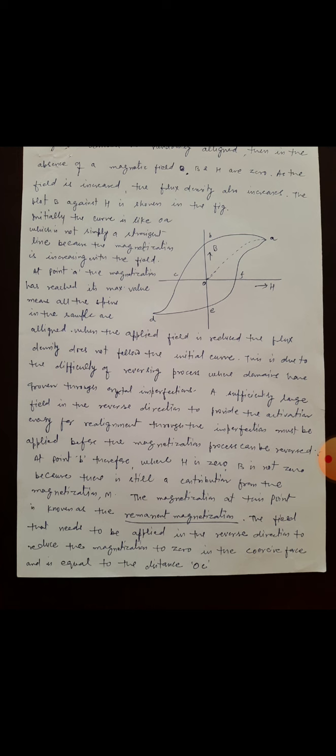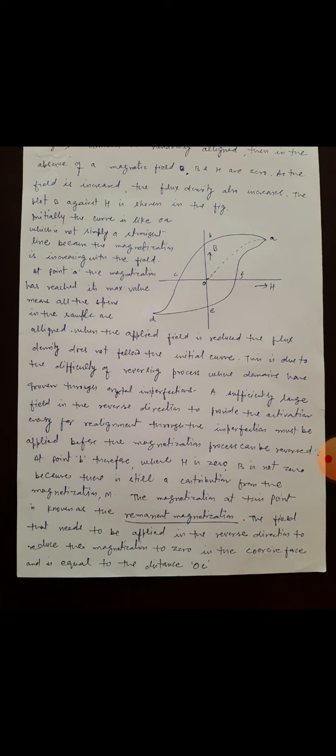Now again, if the magnetic field is increased in the reverse direction, the graph follows the path C to D, and on increasing further, it follows the path D, E, F and then A. So this whole graph, that is O, A, B, C, D, E, F, is called the hysteresis.